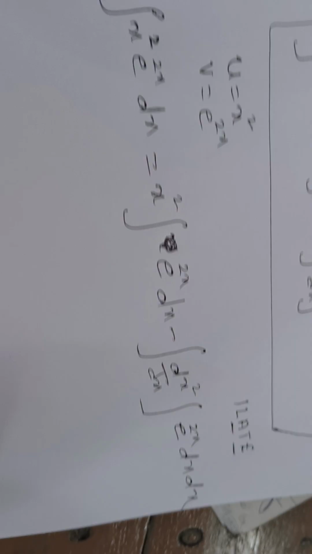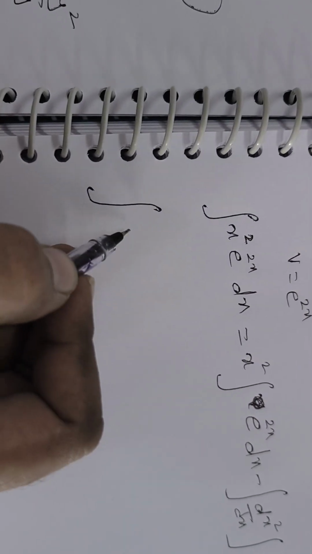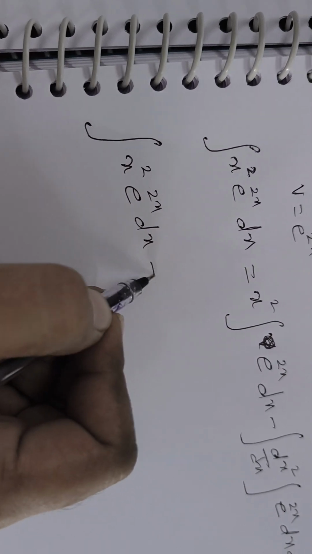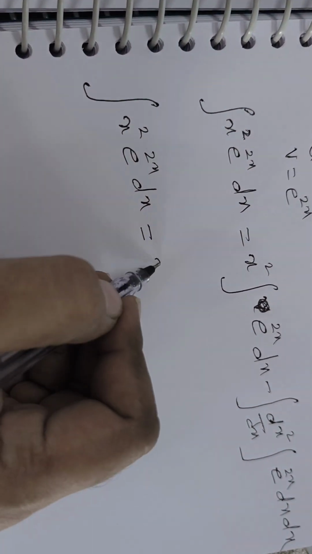The left hand side we keep as it is: x square e to the power of 2x dx is equal to x square.